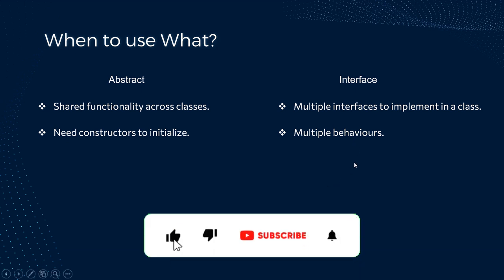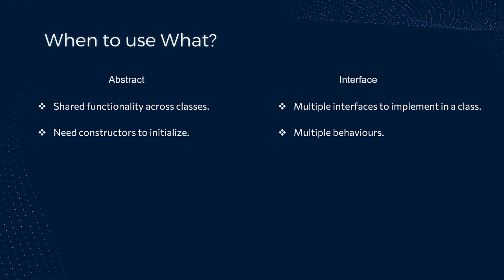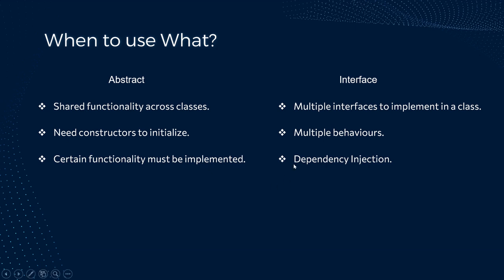For example, different methods could be in different interfaces, so we need all those interface methods, then we can use an interface. For certain functionality that must be implemented: in an abstract class we can have abstract and non-abstract members, so the abstract members you must implement. In an interface we have the concept of dependency injection. I will discuss this more in our upcoming videos, but today we'll also see how it works.